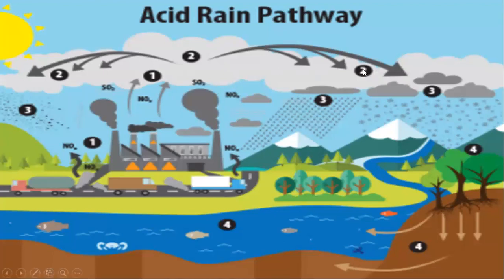Number two, the pollutants are transferred or transformed into acid particles that may be transported over long distances. Third, these acid particles fall onto the earth as wet and dry deposition in the form of dust, rain, snow, etc. And four, as a result, this may cause harmful effects on soil, forests, streams, etc.